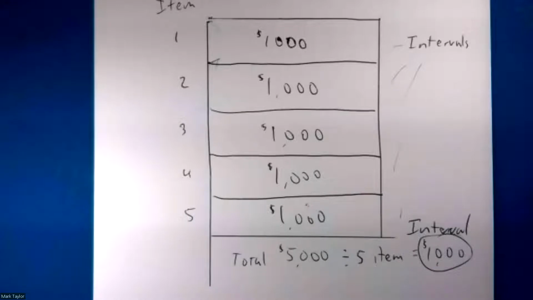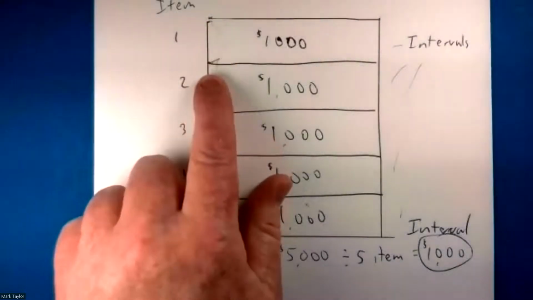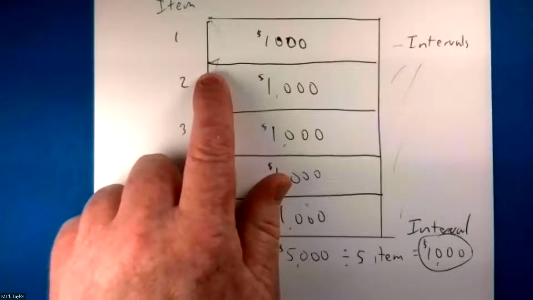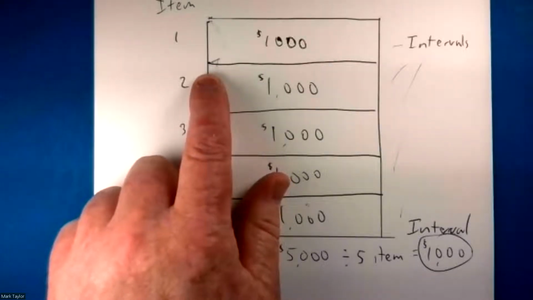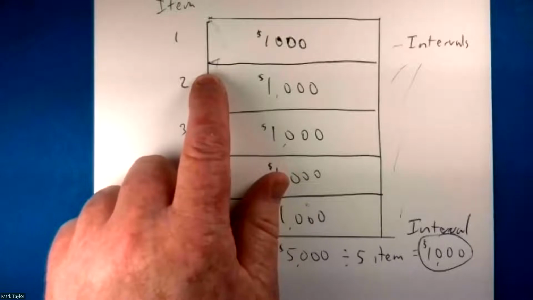No, so the larger items are more likely to be picked. Exactly. So the larger items are more interesting to us, right? If a $2 account is off, it probably doesn't matter too much. But a $200, and notice that if the account gets over the interval, if it gets over 1,000, you're guaranteed that it's going to be picked.